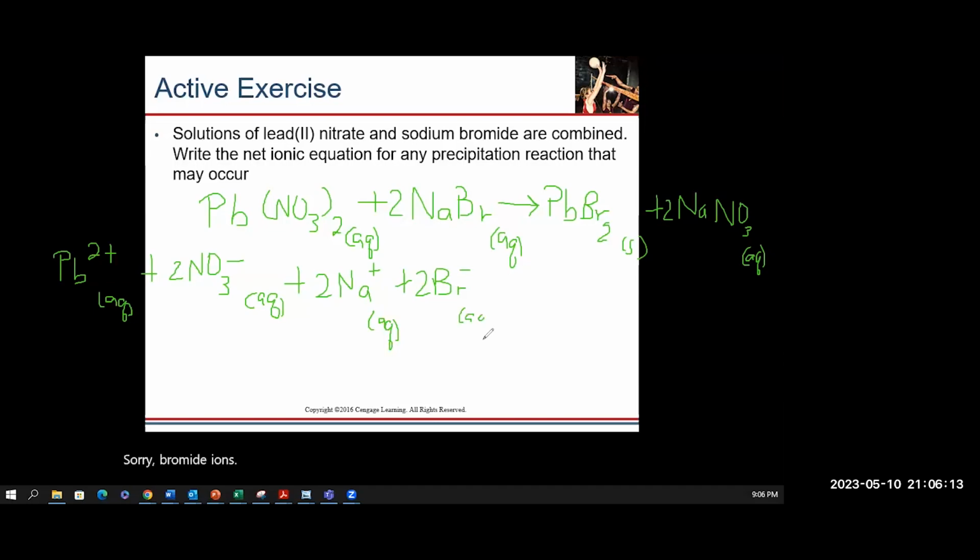Okay, what about on the other side, on the product side? What's going to happen to that lead 2 bromide? It's going to stay the same. That's correct. And then the sodium nitrate will separate.